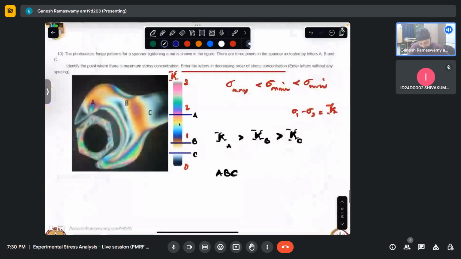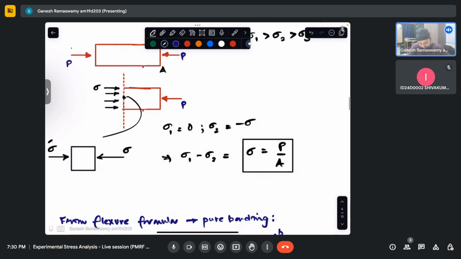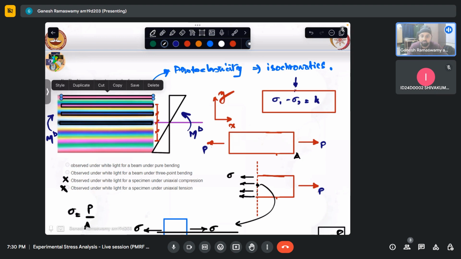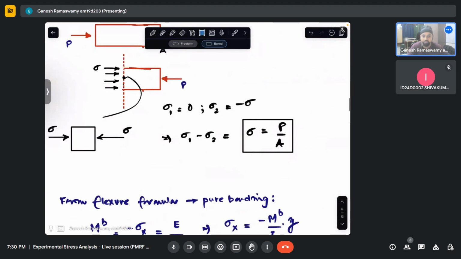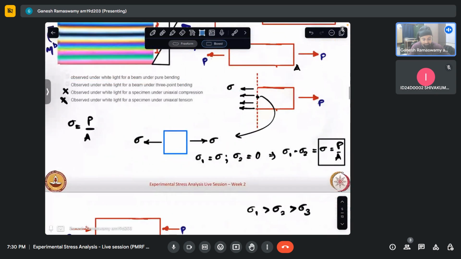As we saw in that same photoelasticity, we have fringes that appear like this, with all the bands appearing nearly with the same thickness in one case of a bent beam. For another case, as we deduced, if it was uniaxial tension, it will just be one fringe. So the thickness of the specimen itself is the thickness of that fringe.